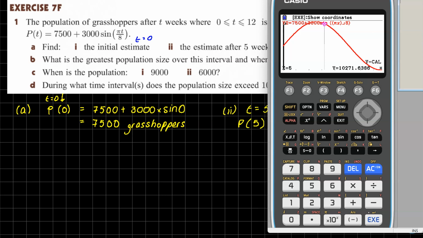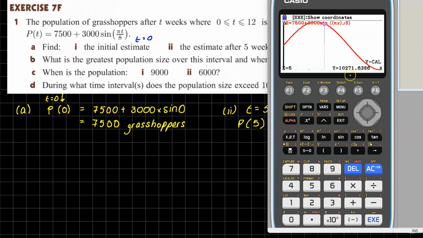10,000. Okay, now here is an ethical dilemma. If that was 10,271.4, should we round up? Because technically that's a grasshopper. Or are we going to round down? I don't really mind. Some people are going, technically a grasshopper.